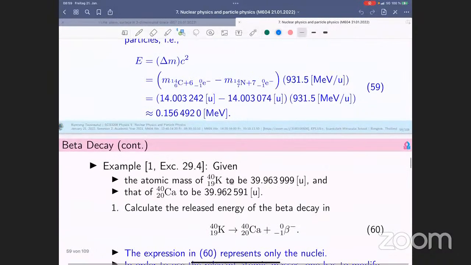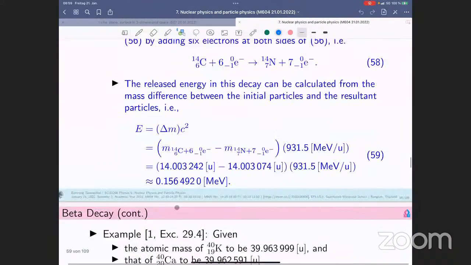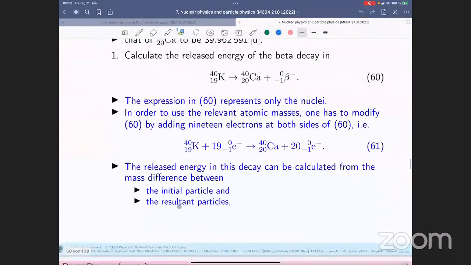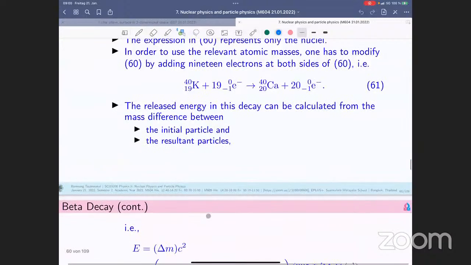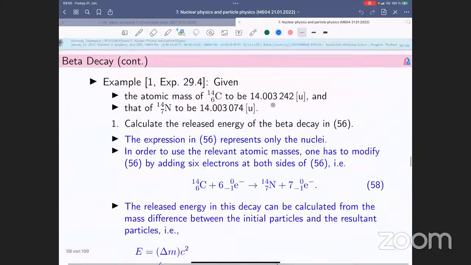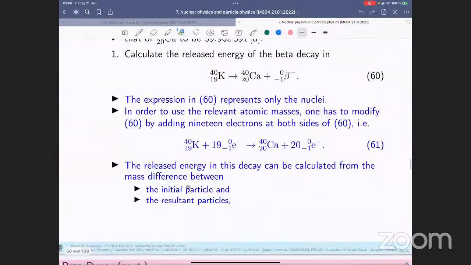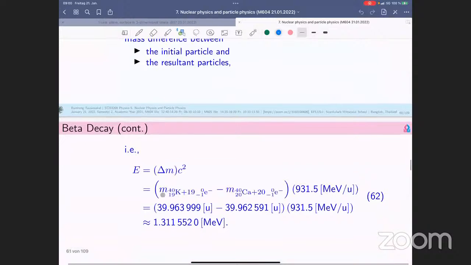But once we go to the bigger nucleus like potassium-40 to calcium-40 or something, the number of neutrons changes from 14 to 40. We get the energy of 1.3 mega electron volt. So you could say it's almost 10 times greater than the 14 nucleons here. Okay, once we consider 14 nucleons, we got more energy.